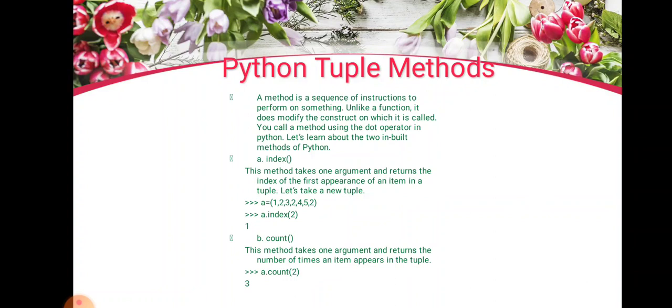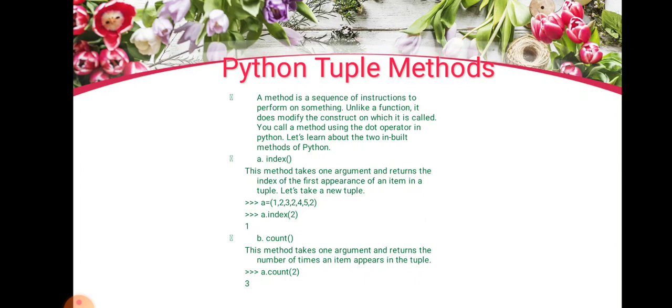Now I am giving a dot index of 2. In this example there are three 2s: second element, fourth element, seventh element. It takes the first matching element, which is at index value 1. So it displays 1, the first matching item.